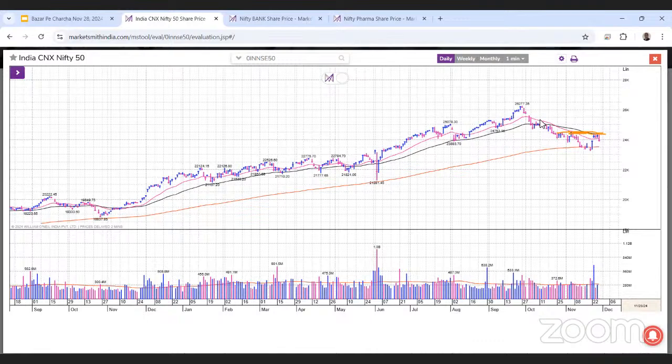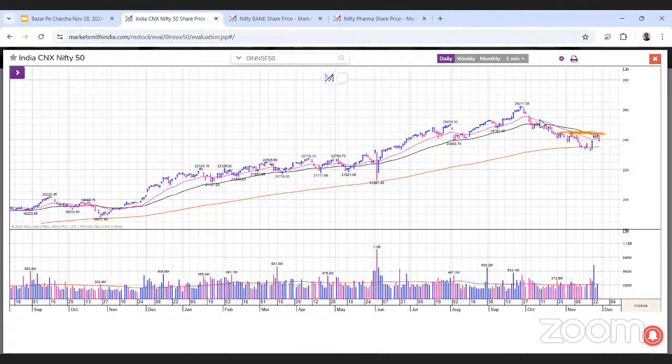But suppose it breaches 23,300 decisively and remains below it, then we can expect at least another 700 points of fall, to 22,700 or thereabouts. But I am expecting it will not breach 23,300 that easily. So in the next couple of weeks, most probably the market will remain sideways in the range of 23,300 to 24,500-600 in Nifty.